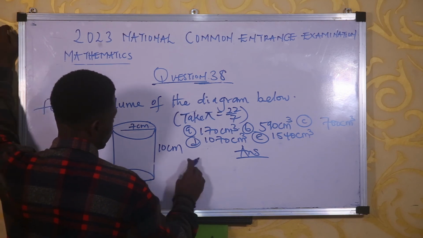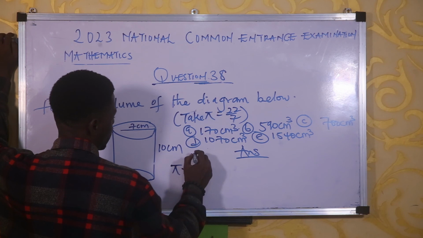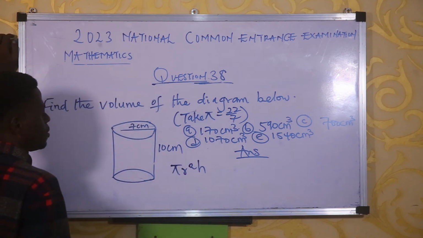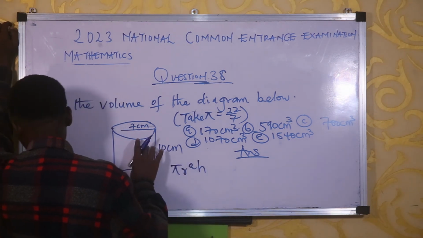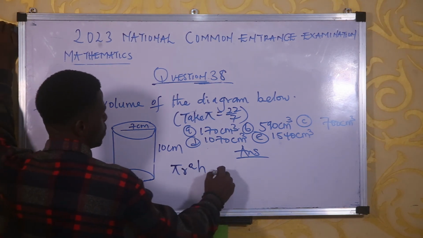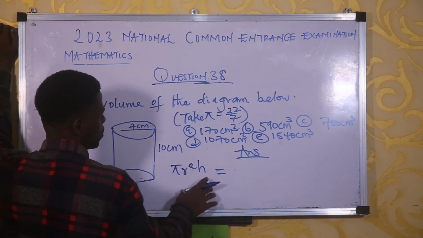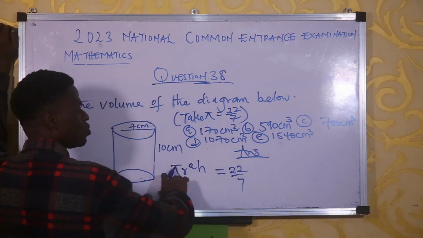To find the volume of this diagram, we have pi times radius squared times the height. This is a cylinder shape, so we are going to write 22/7, since our pi is 22/7.